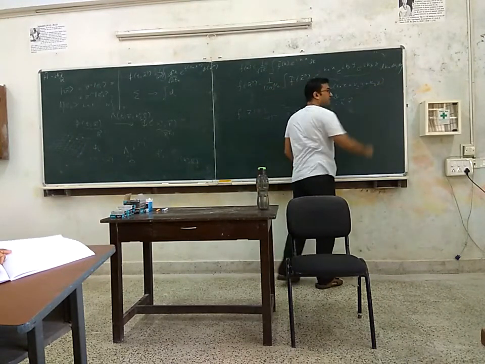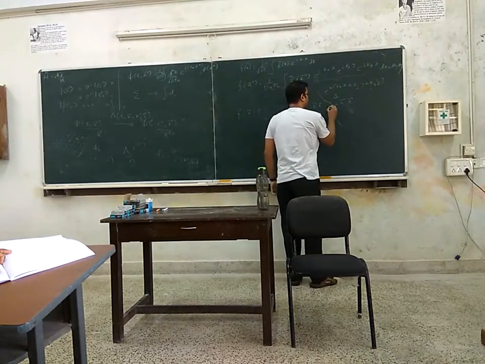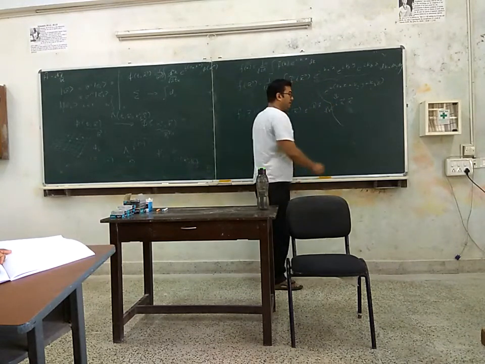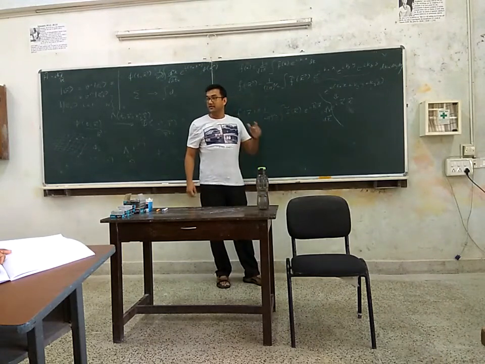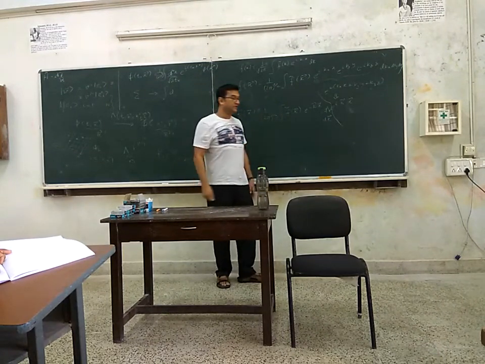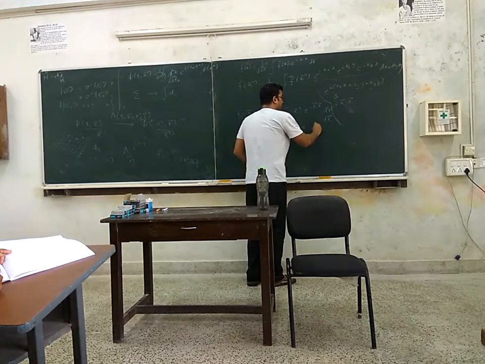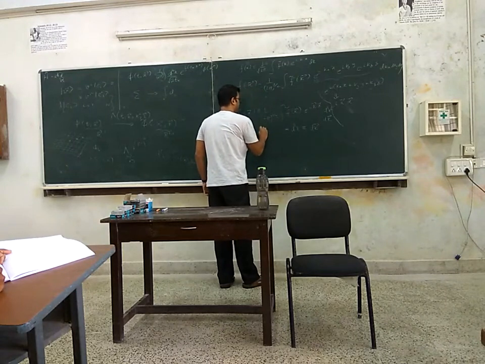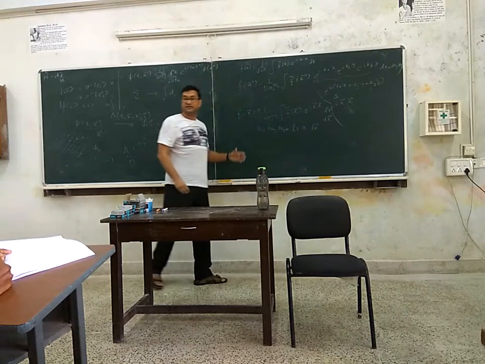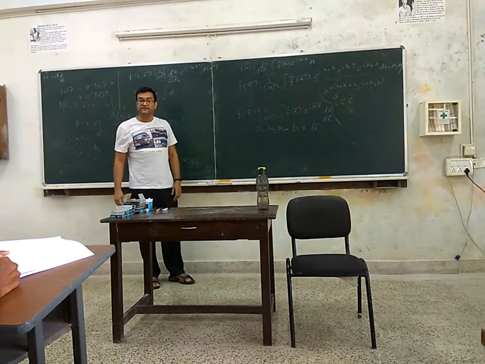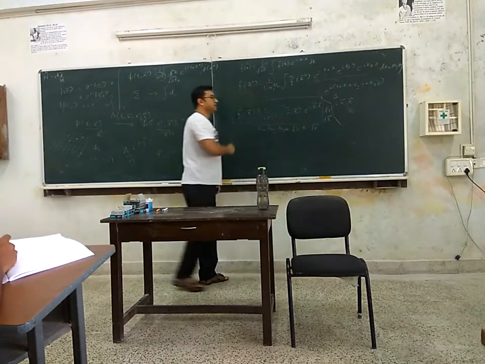Then I have an integral over the three k's, so I would write it as d cube k. I can also write it as d k bar, d vector k. These mean the same thing. Whether I write this or this, it's all the same. So this is my expression for the Fourier transform of a function.